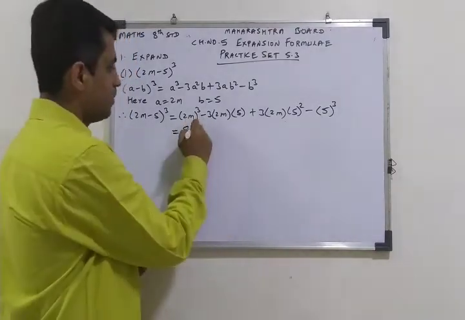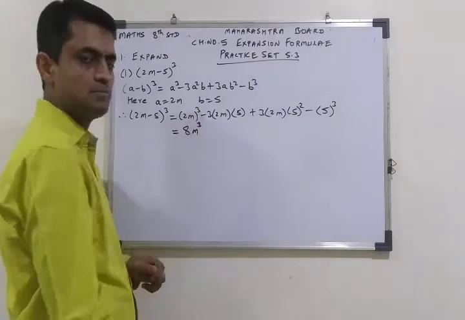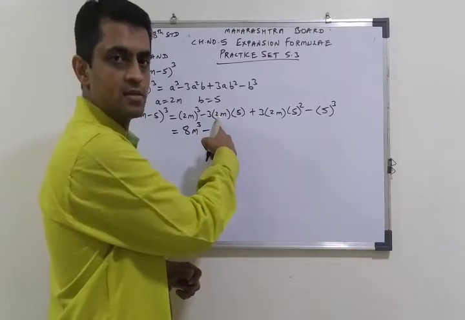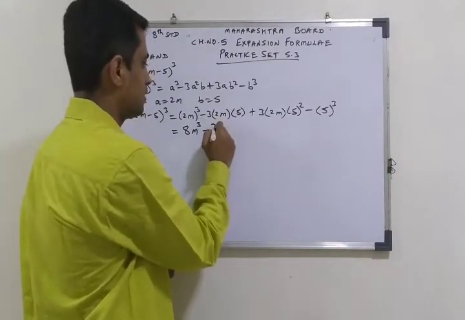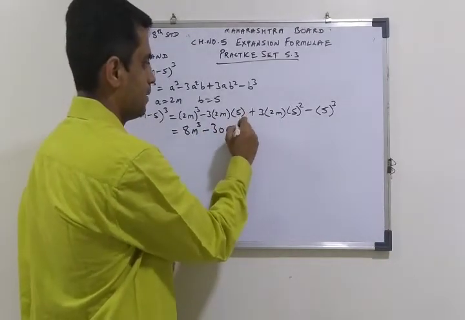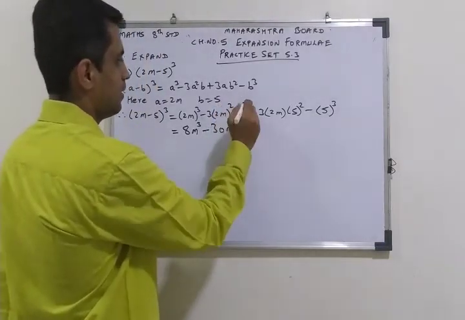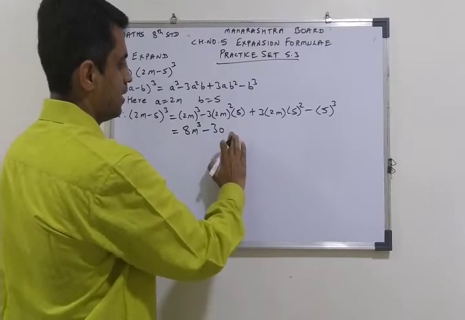And then m cube is m cube minus 3 2s are 6, 6 5s are 30 m plus... now I forgot to put a square here, so let us do the squaring.